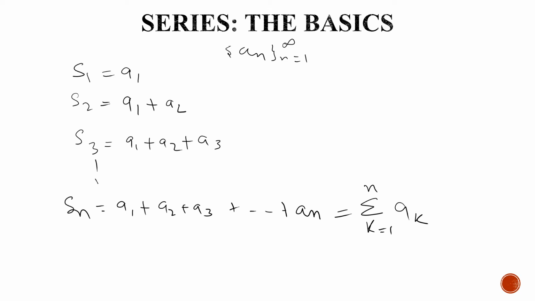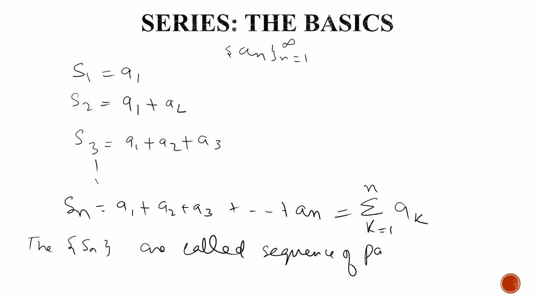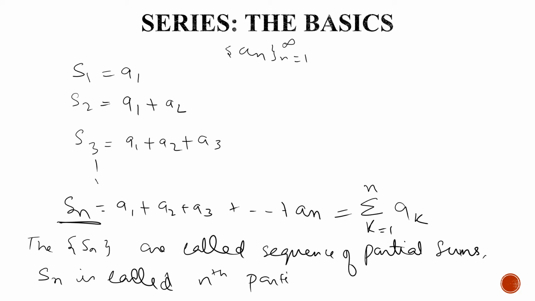The sequence which is formed, the sequence Sn, is called the sequence of partial sums, and the nth term, that is Sn, is called the nth partial sum.